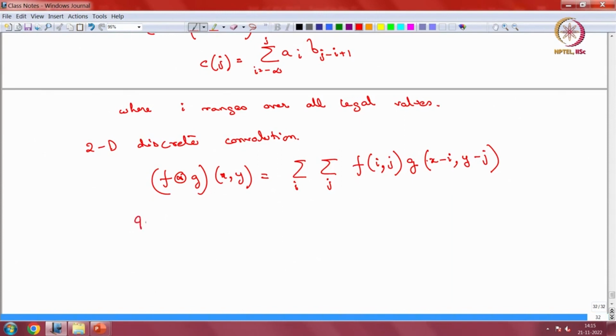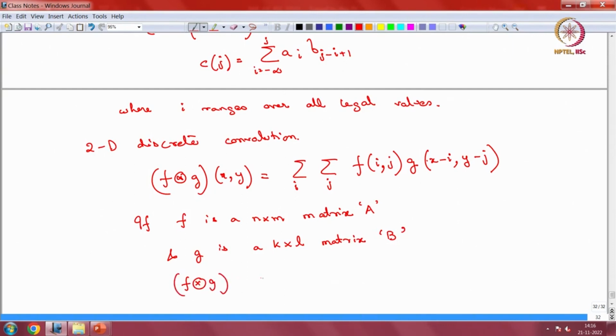So if F now is an n cross n matrix, and we'll call this matrix, let's say A, and G is a k into l matrix B, then F convolved with G is basically another matrix, but this matrix now has n plus k minus 1 into m plus l minus 1 terms.